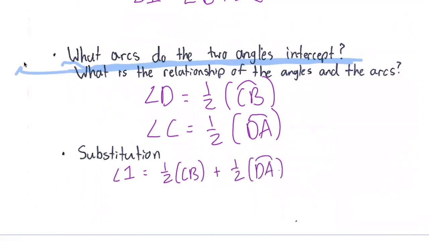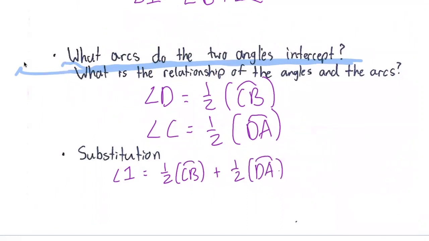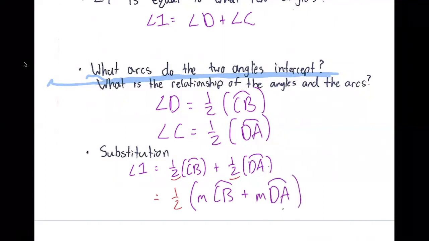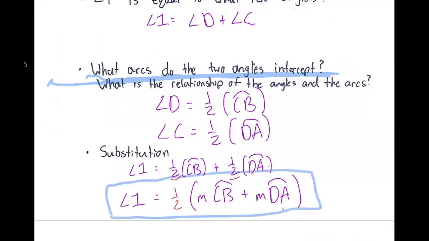These are arcs. And to make this equation look a bit nicer, I can factor out the 1/2. Technically they're the measurements of the arcs, so I'll put the M there. And boom.